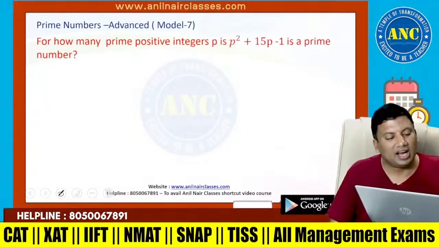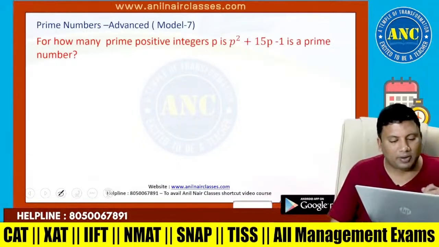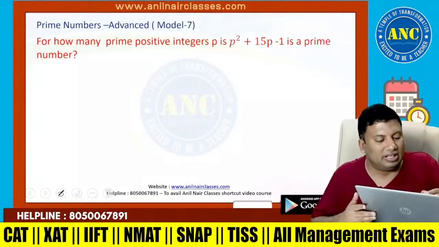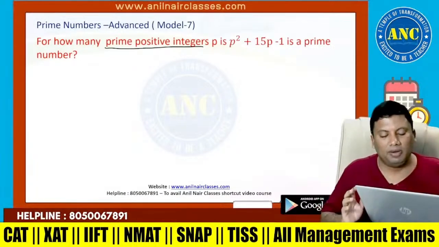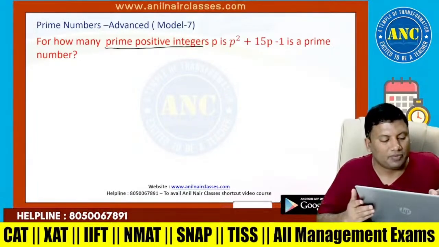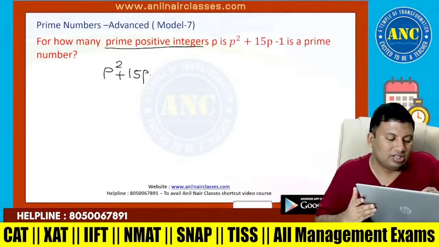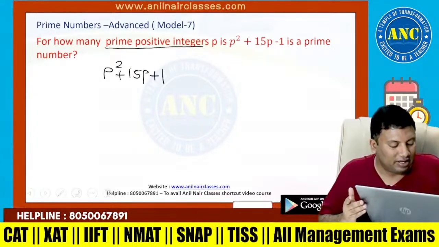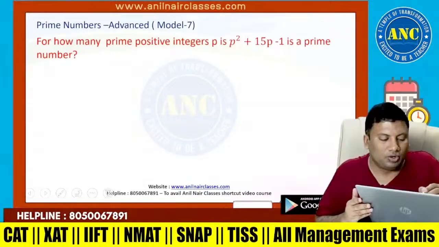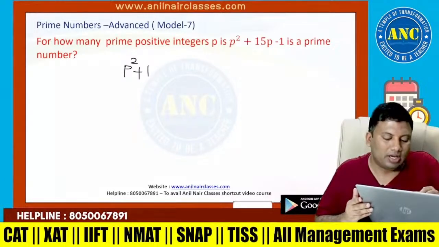Next one. Another question. For how many prime positive integers p, anyway a prime will be positive, is p square plus 15p minus 1 a prime number? This quadratic expression should result in a prime number.